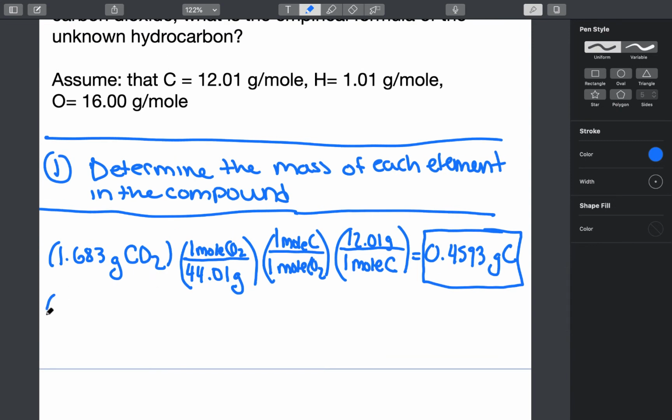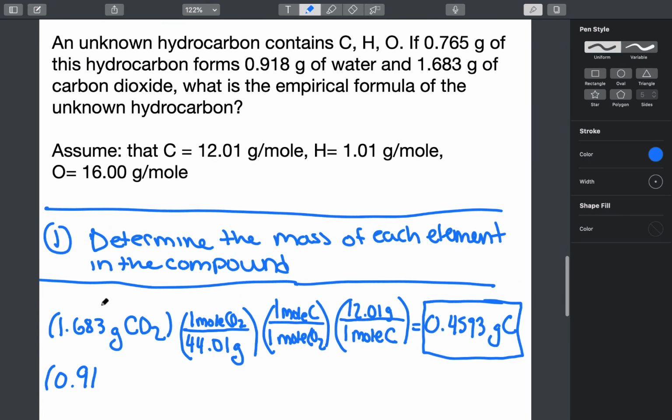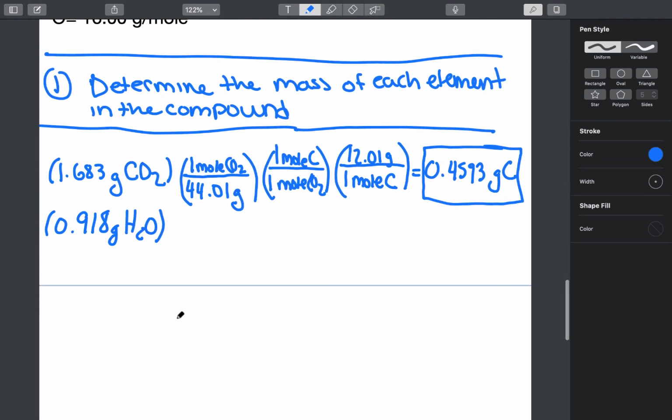In this case, 0.918 grams of H2O. And the molar mass of water, you calculate it in the same way as you did carbon dioxide. If you are confused about how to calculate these, I go over it in one of my previous videos, I think when I first introduced empirical versus molecular formula. So go check that out.